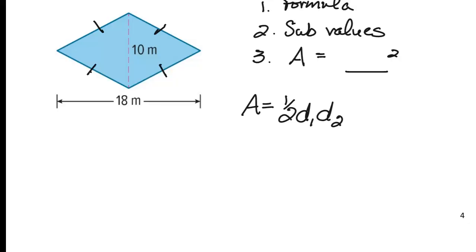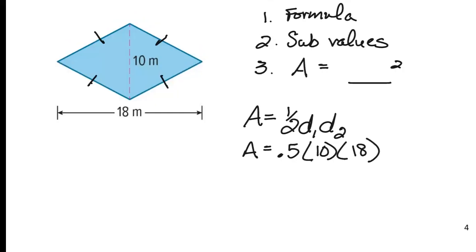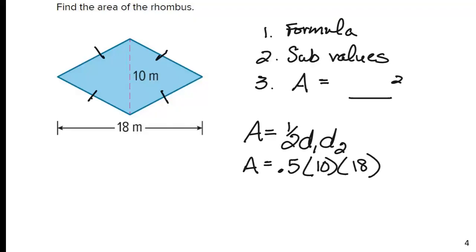1 for the formula, 1 for substituting the correct values in, which in this case would be 0.5 times diagonal 1. Maybe you put 10 as the first diagonal, maybe you put 18. As long as you have both of them, it doesn't matter what the order is. Now, if you're looking at this, you might be saying, oh, 10, but they didn't bisect it. So this entire diagonal is 10.